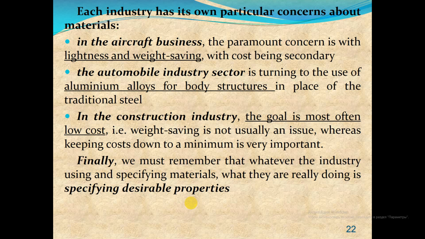Sometimes none of these have the particular combination of properties we need. In such cases, we may have to make recourse to composite materials. We shall look in more detail at this later in the book.